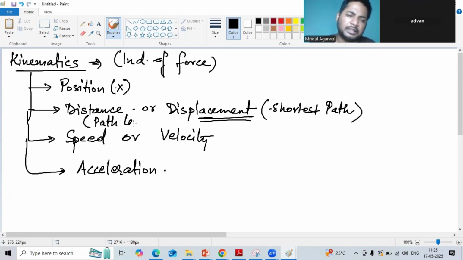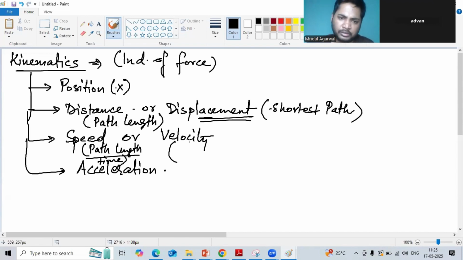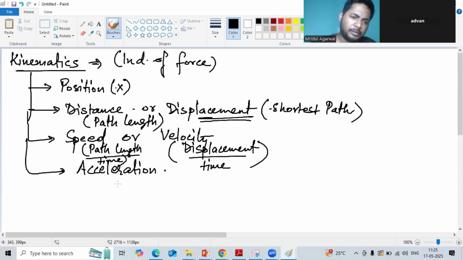Whatever path length is covered, divided by the time taken, that is your speed. Similarly, velocity is displacement over time taken. And acceleration is just change in velocity by time taken.